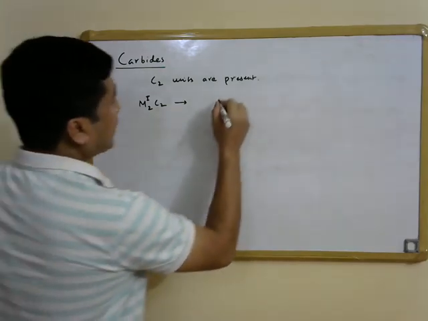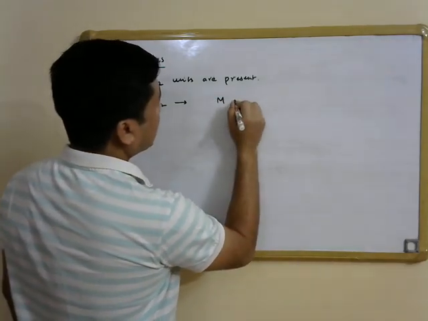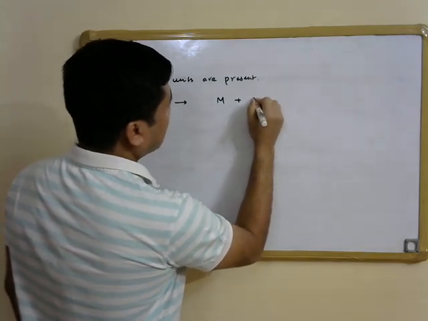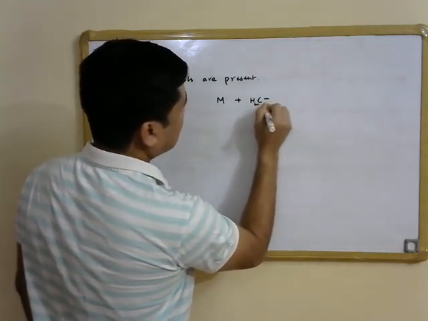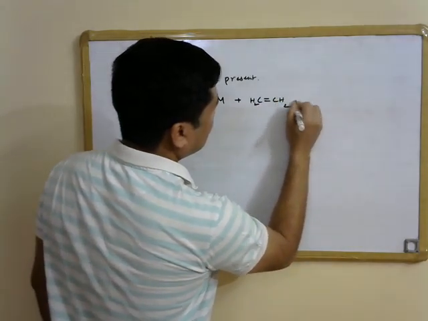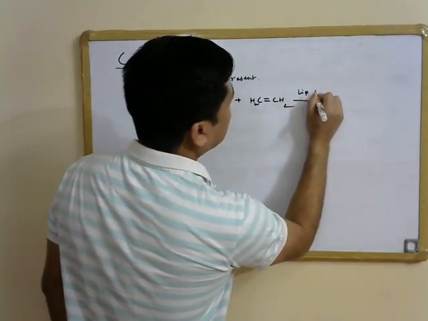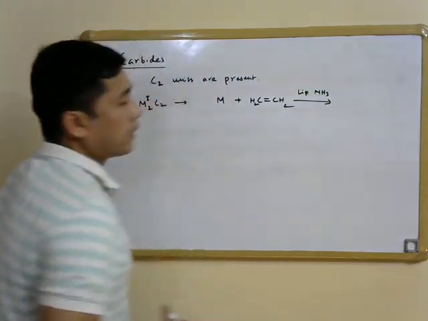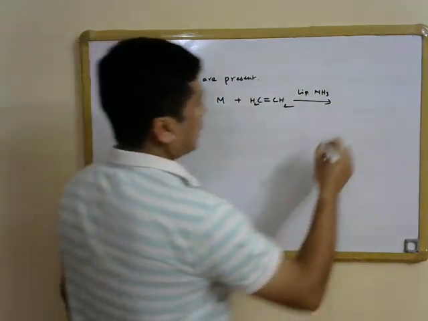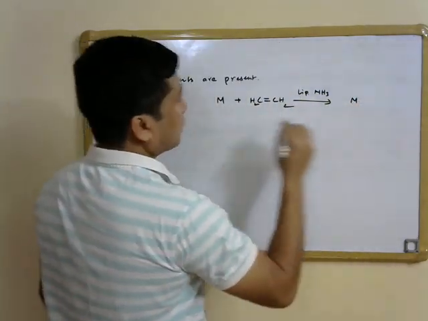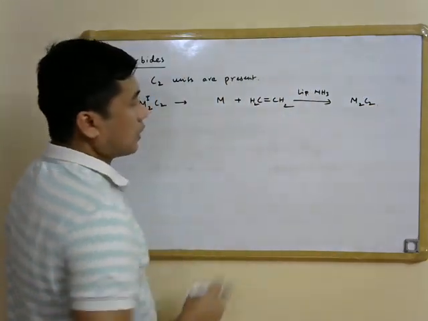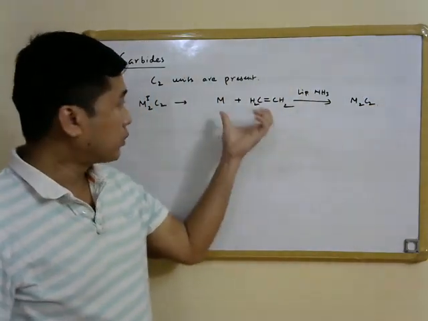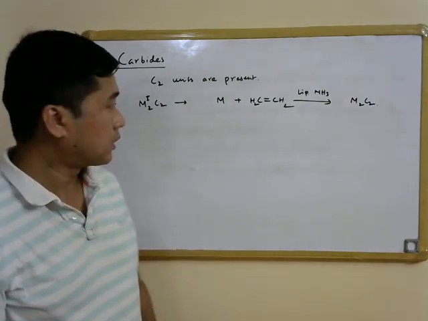One takes a metal and reacts it with ethylene in liquid ammonia, using liquid ammonia as the solvent, and this results in M2C2 type metal carbides with alkali metal ions.